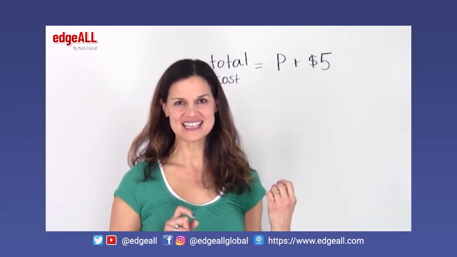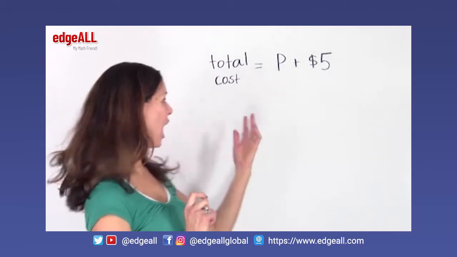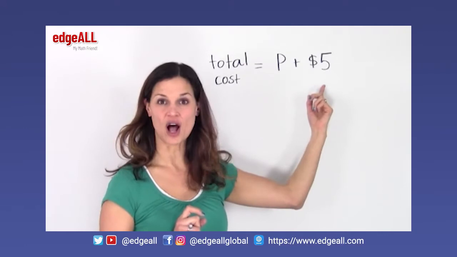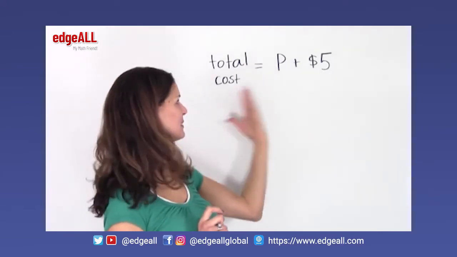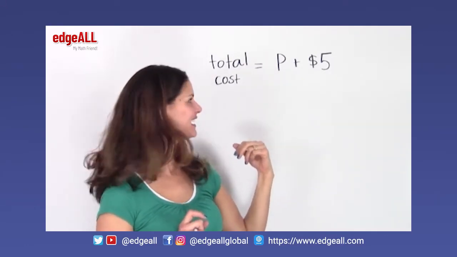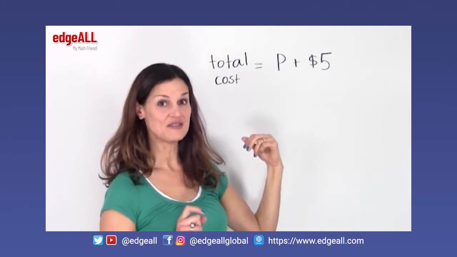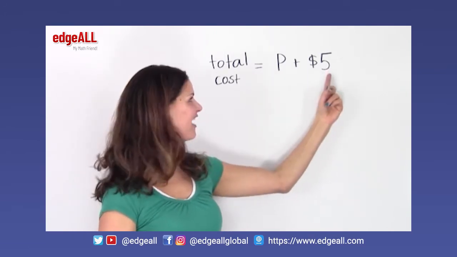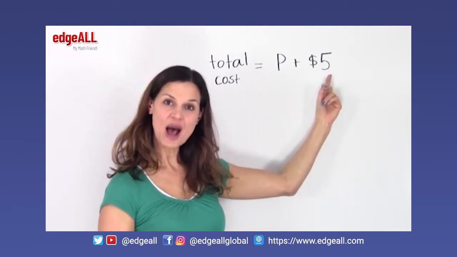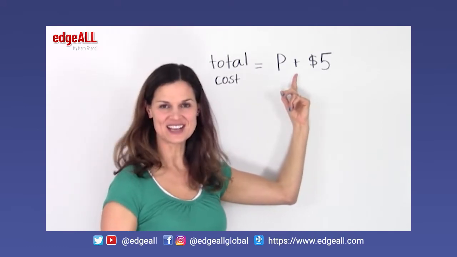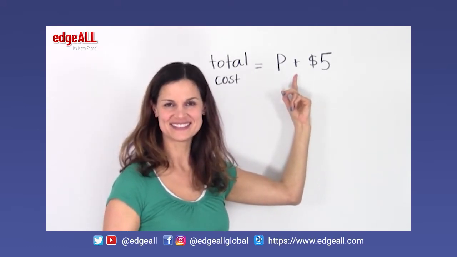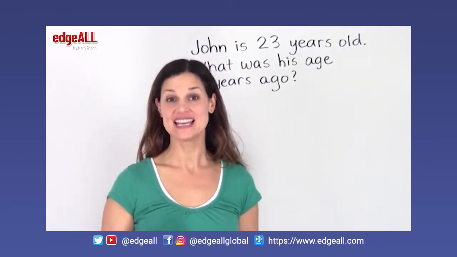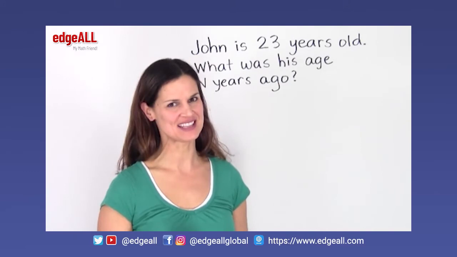In our previous example, the total cost of our meal equals the cost of the pizza plus $5, this is a simple algebraic expression. It's consisting of a variable, P, a number, 5, and an operator, plus, which tells us to do addition. Let's look at an example to help us further understand simple algebraic expressions.